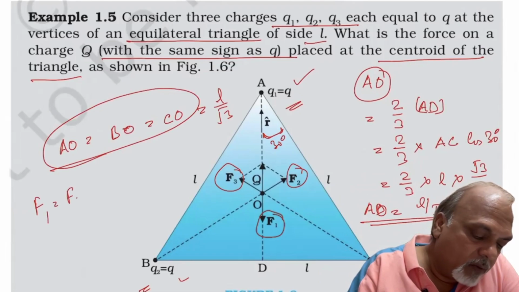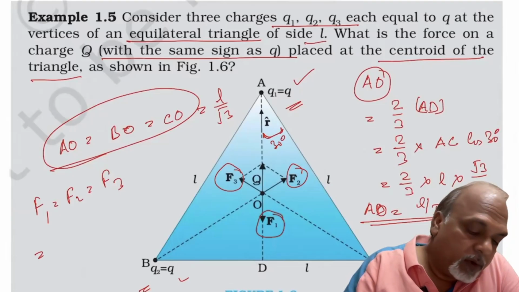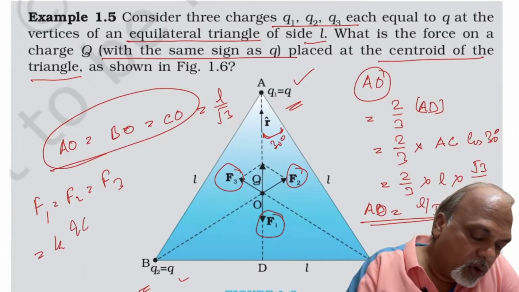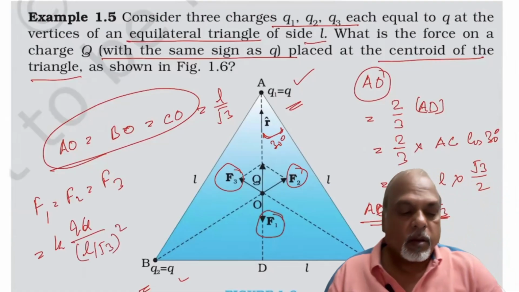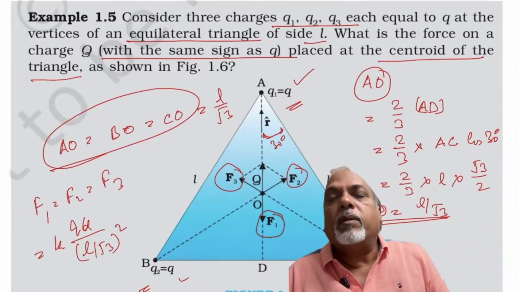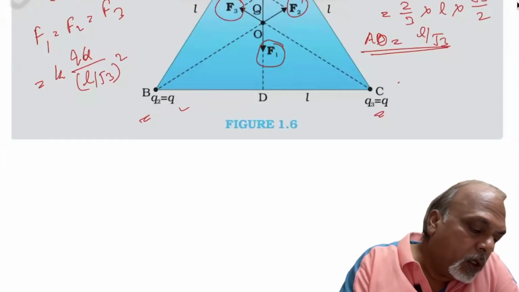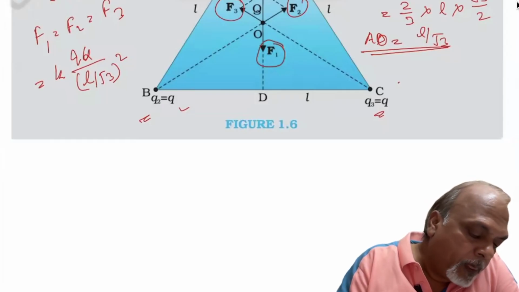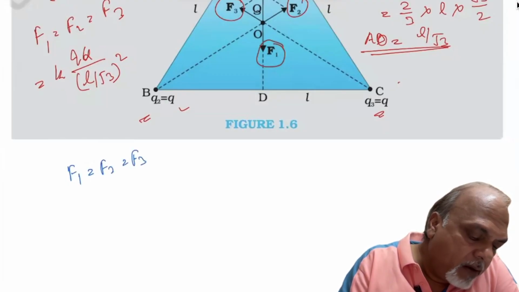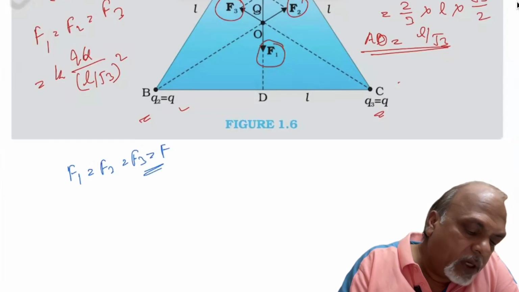F1 will be equal to F2 will be equal to F3, and this will be equal to K Q Q upon L by root 3 whole square. There is no problem in this. So we have seen this F1 equal to F2 equal to F3 and we can say it is F.